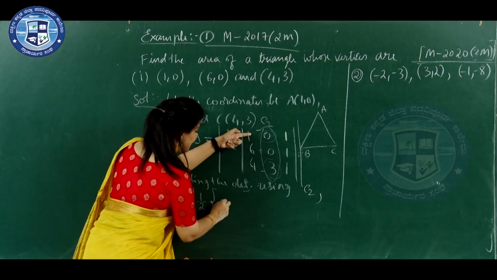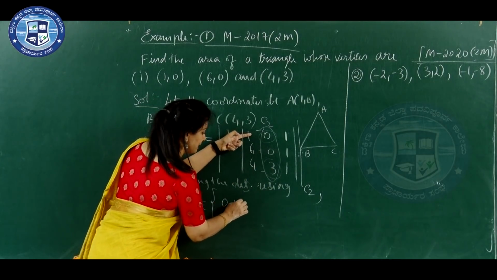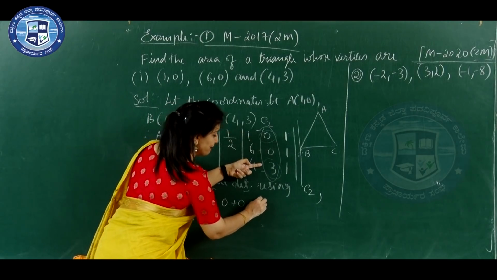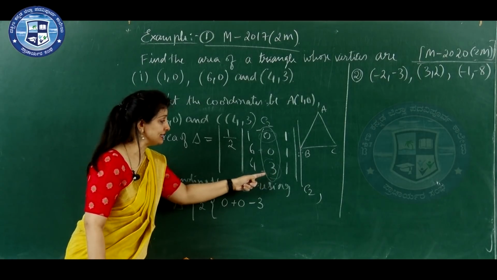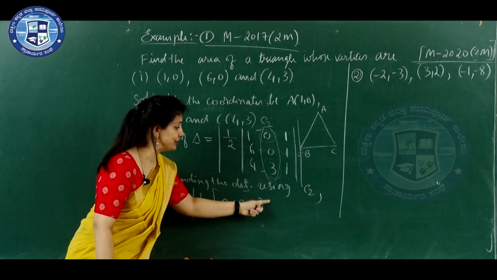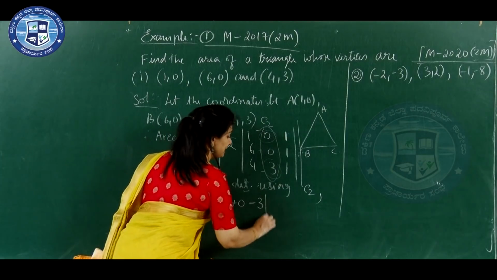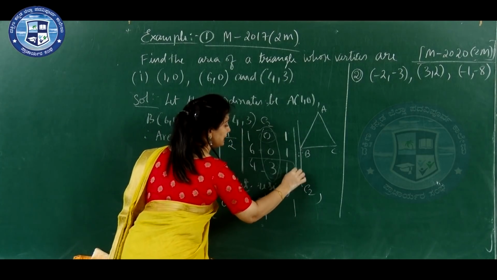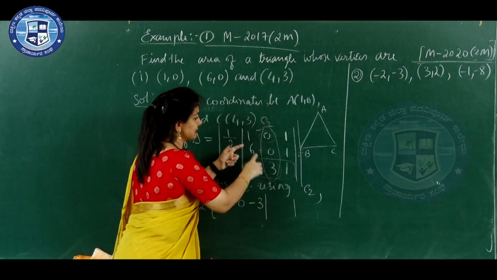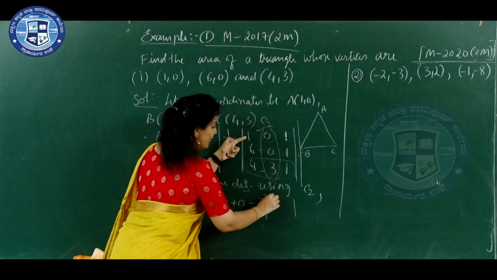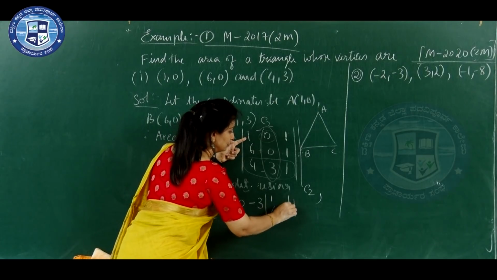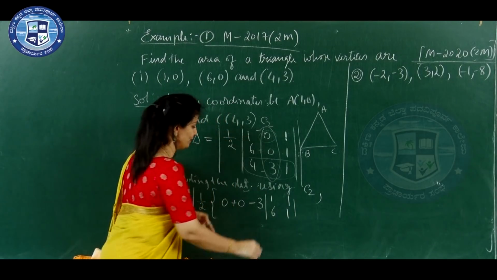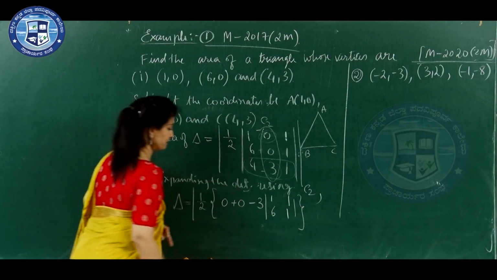So, the first one is 0, minus 0, 0 again, and the third one is minus 3 into the determinant of, delete the row and column where that 3 is. The remaining 4 elements are 1, 1, 6, 1. Now, cross multiply this.